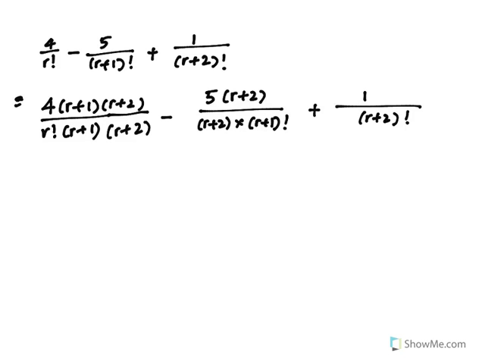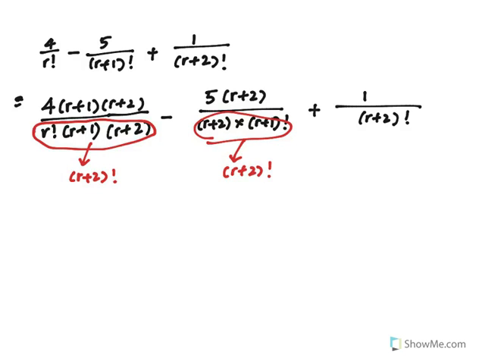If I take r factorial times r plus 1 times r plus 2, this just gives me r plus 2 factorial. Similarly for the second term, this just gives me r plus 2 factorial. Then we can combine every single term together.